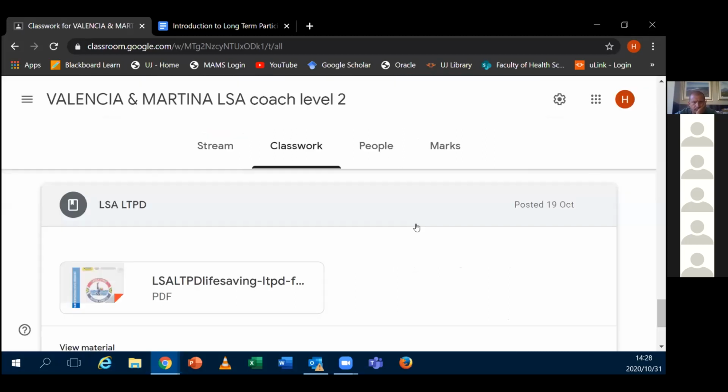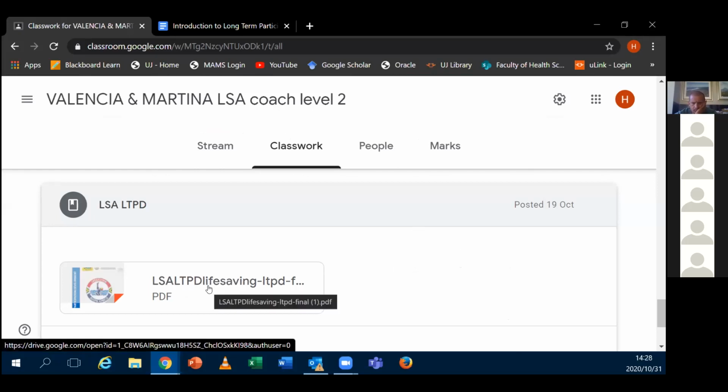When we move into the level 3 coaching, this LTPD document is going to become extremely important, because then we'll go and we'll have a look at the science behind this model. We have a look at the different growth spurts that take place with athletes, how you need to ensure that they have got those fundamentals in place before you move into long sets, into heavy sets.